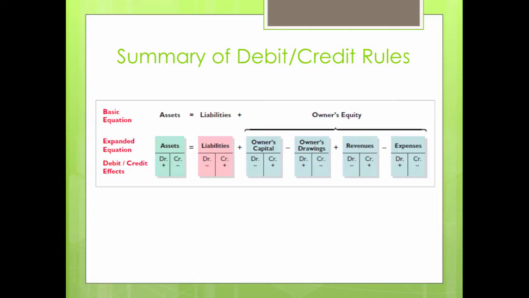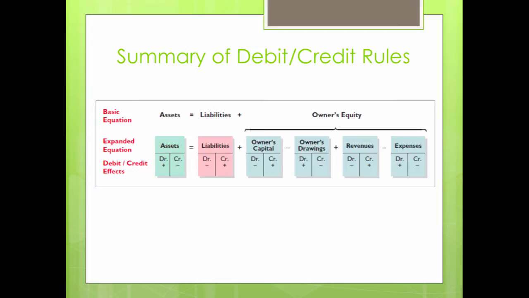So to avoid any confusion, please use this visual to determine if you need to increase or decrease with a debit, or the same thing if you need to increase or decrease with a credit. Okay? You will determine which account is affected by a transaction. You learned how to do that in the last chapter.